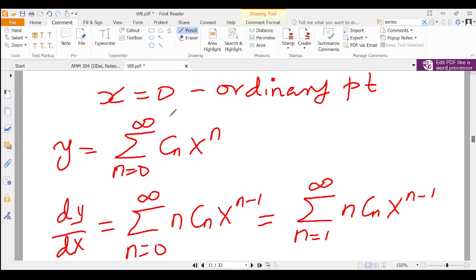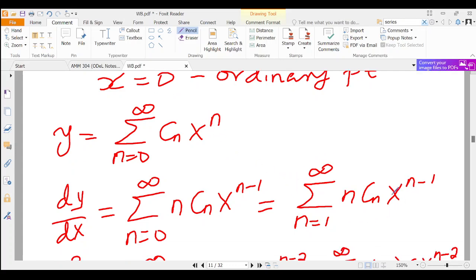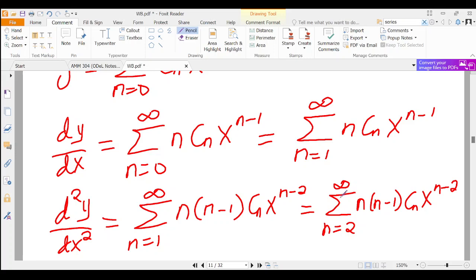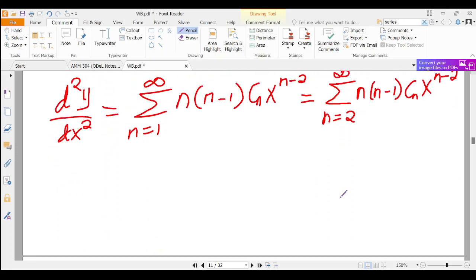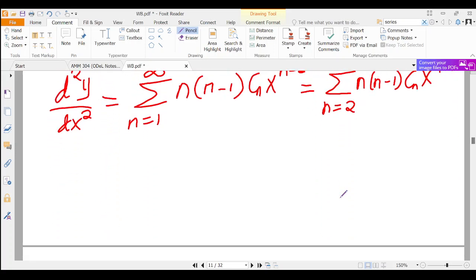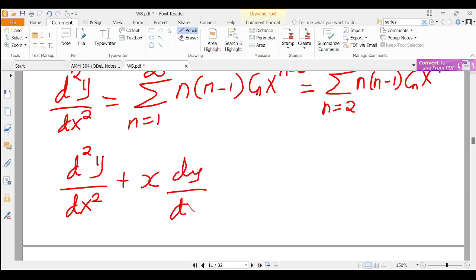So we have y is equal to the summation from n is 0 to infinity of cn x raised to power n. The first derivative is this, and then the second derivative. Our equation was d squared y by dx squared plus x dy by dx plus 3x plus 2 times y is equal to 0.